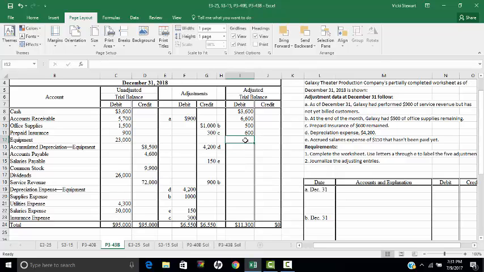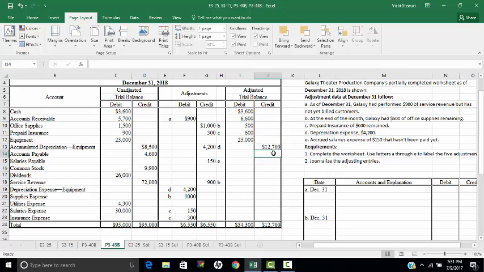Equipment had no adjusting entry, so we're just going to record that $23,000 debit. Accumulated depreciation equipment had an $8,500 credit balance, and then we made an adjusting entry for $4,200, so our total is going to be $12,700 when we add those two amounts together.